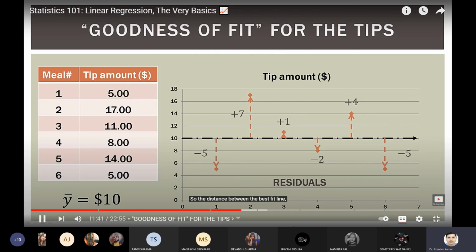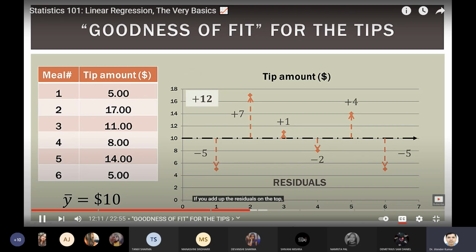So the distance between the best fit line, which in this case, because it's one variable, is $10, the distance from the best fit line to the observed values are called residuals. Now they're also called the error. So the distance is also called the error because that's how far off the observed value is from the best fit line.